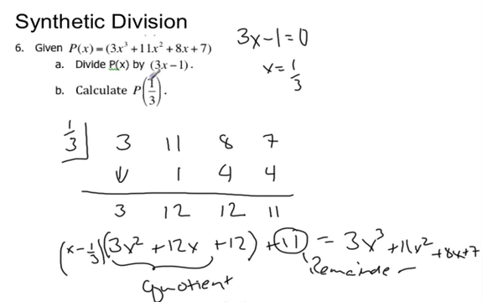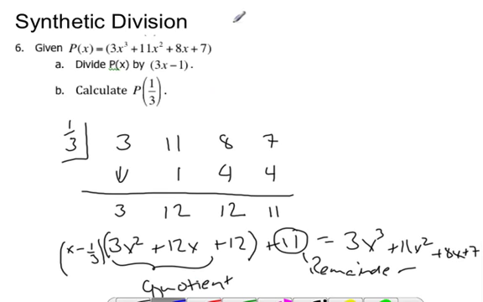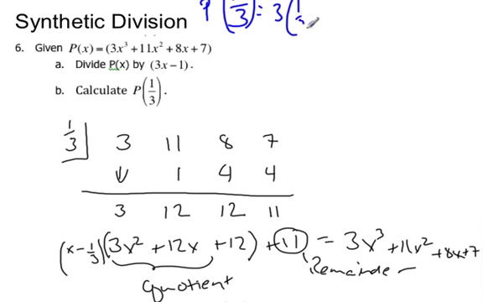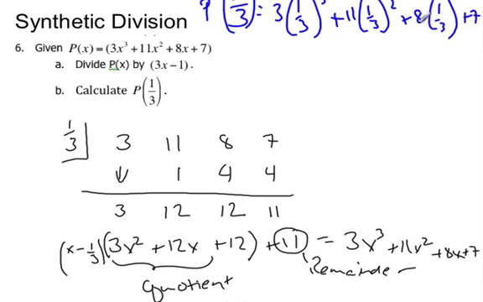Okay. Continue this problem. It says, then calculate p at 1/3. Well, let's get some space here. If I'm going to do p at 1/3, it's going to be 3 times 1/3 cubed plus 11 times 1/3 squared plus 8 times 1/3 plus 7.